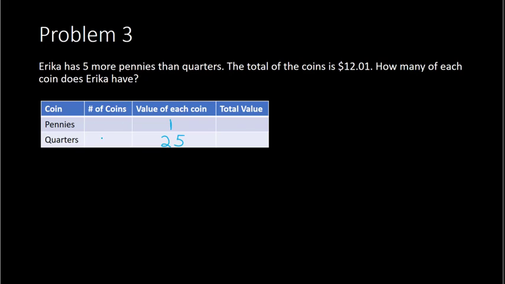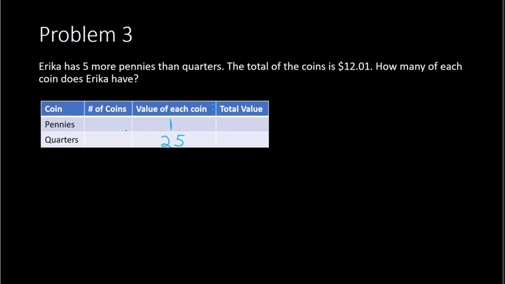For example, if we had 10 pennies, we have 10 as our number, and 10 times 1 would give me 10 cents total. Same thing for quarters. If we had 4 quarters, each one is 25 cents. We take 4 times 25, which is 100 cents or $1. So number of coins times the value of each coin totals this total value over here.